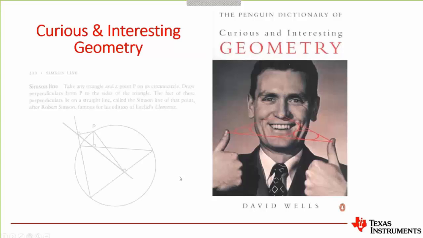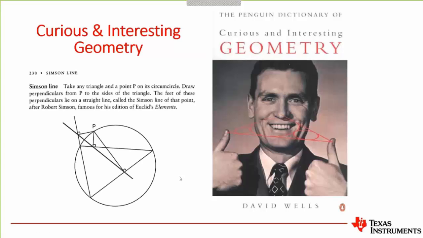I found this thing in there called the Simpson Line. And I've said before talking about this that it's not the most riveting read, this book. It's pretty bland, but I think that's our job as teachers, to find ideas like this and turn it into an activity that we can engage students with. And I hope that's what I've done here and that you can try it with your kids.